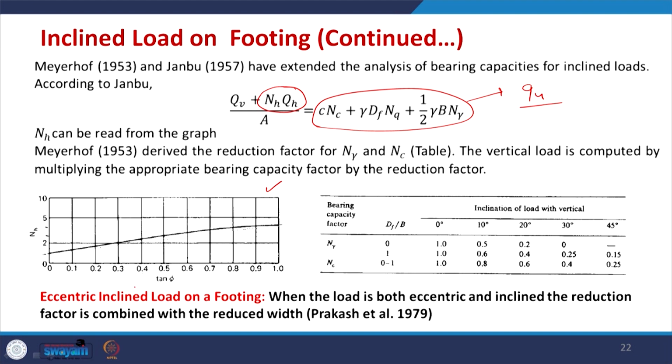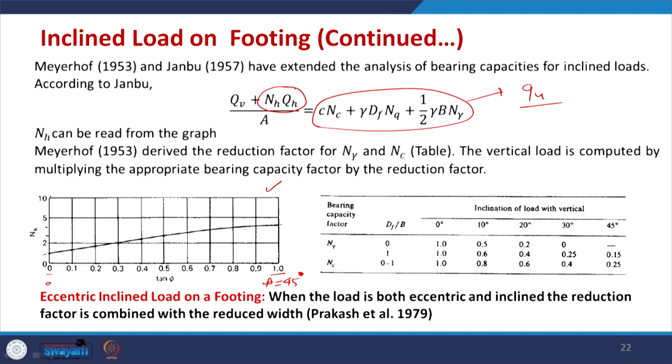You can see that tan phi is from 0 to 1, and when tan phi equals 1, that means phi is equal to 45 degrees. So, this chart will be applicable when phi is from 0 to 45 degrees. As the phi value increases, the value of NH also increases, and mind it, this chart is in log scale.